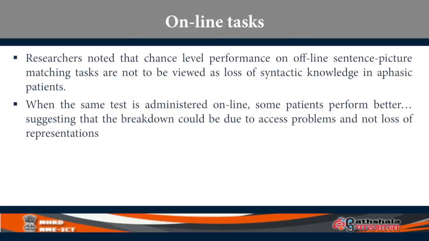Why we need to make this distinction between offline and online is that researchers have noticed that chance level performance in offline tests, say the sentence picture matching test, is not to be interpreted as loss of syntactic knowledge. Earlier, when neurolinguists used offline tests, if patients got only 50% or 40% correct, they concluded that in these patients syntactic knowledge is gone, that there is damage to syntactic knowledge.